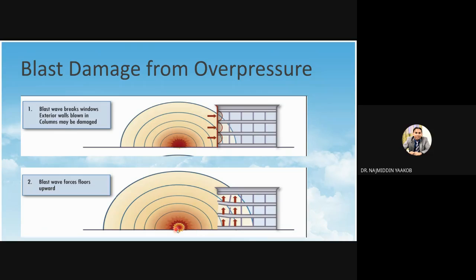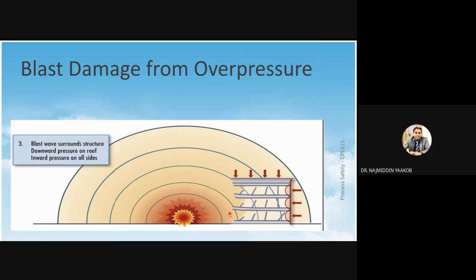However, if the blast wave force flows upwards, it will damage the floors. So it depends on the direction of the wave. And also when blast waves surround a structure, for example, it can be big enough to compress the building. Okay, so it can go in many ways.